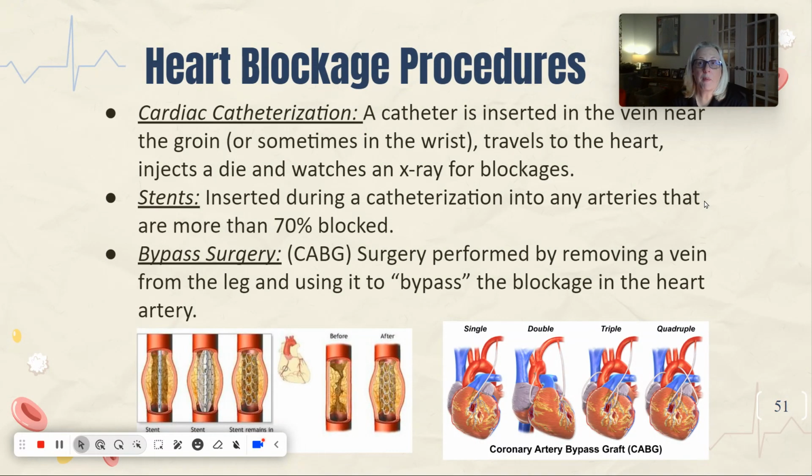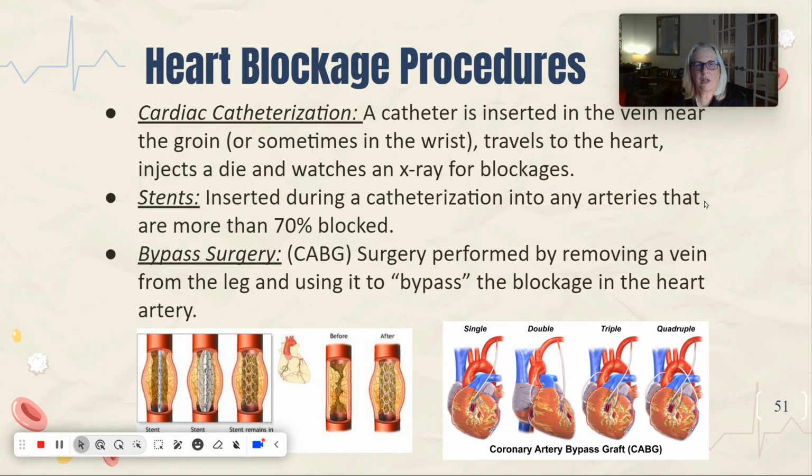So here are some procedures that we have to do just in case there is a blockage or we suspect a blockage. Okay, so we suspect a blockage. We saw some ST elevation and we found out it was in the inferior region of the heart. So this doctor is going to now take a catheter. Everyone thinks of a catheter in your urethra.